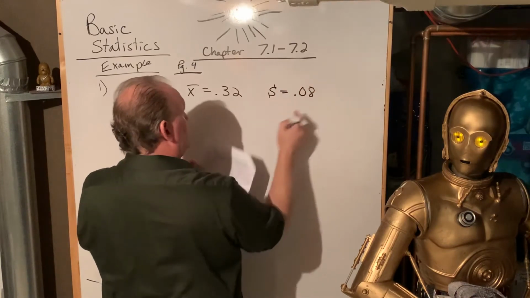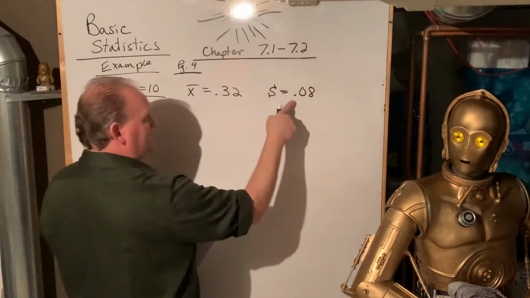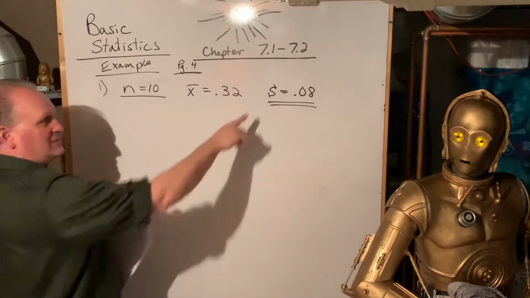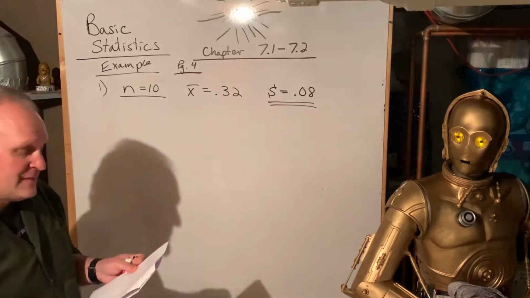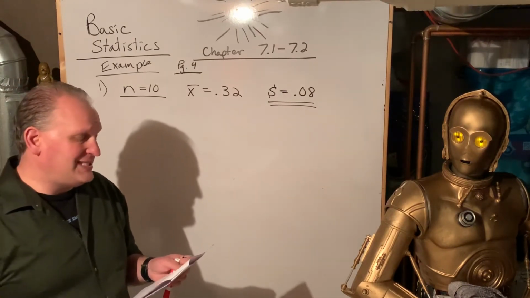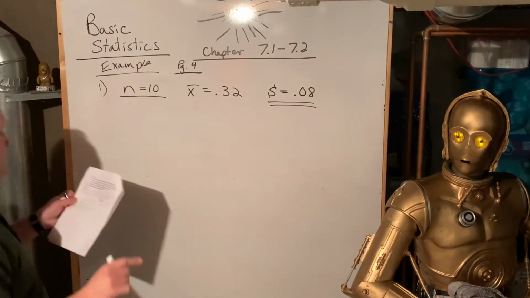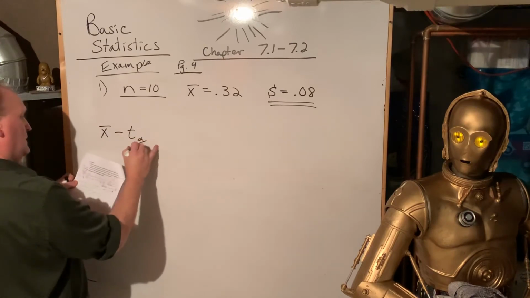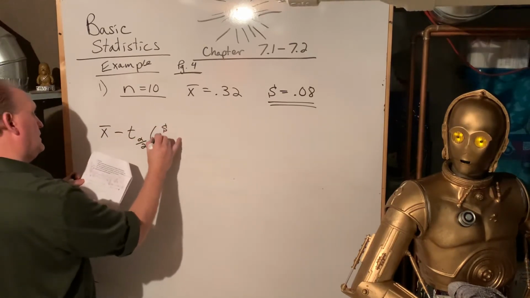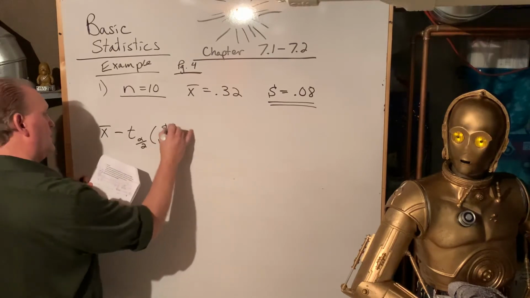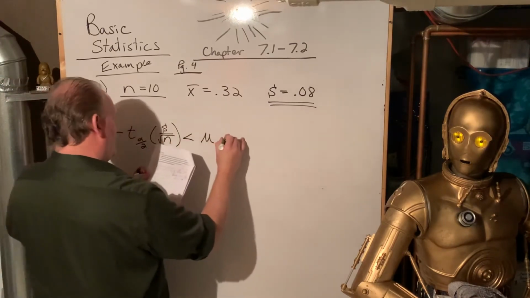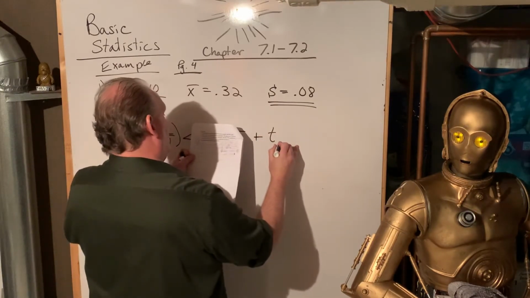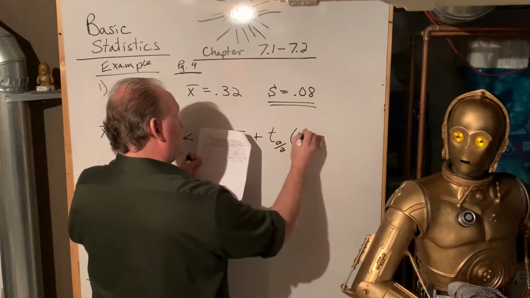And so when you're given a small n and the standard deviation of the sample, not the standard deviation of the population, notice that's not a sigma, that's just an s, then we're going to have to use the t distribution. Now when we look at the formula on your formula sheet, everything is precisely the same as the one we just used.